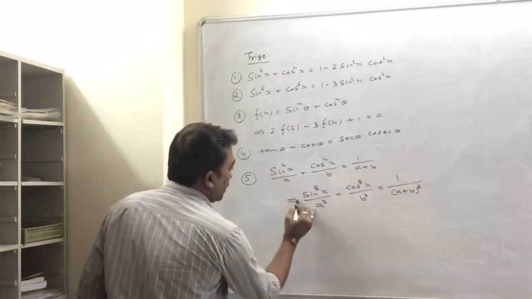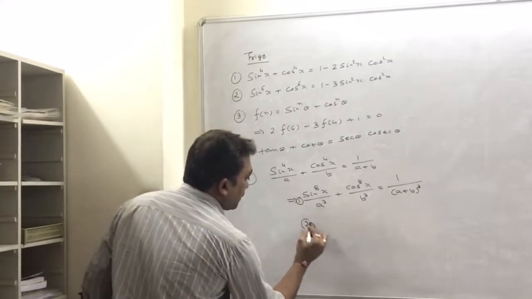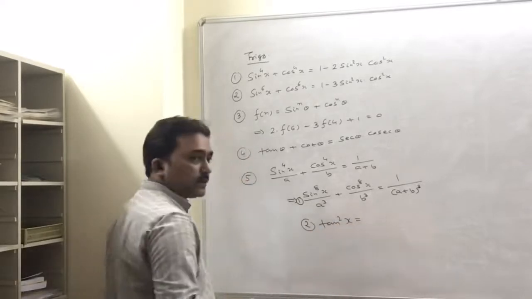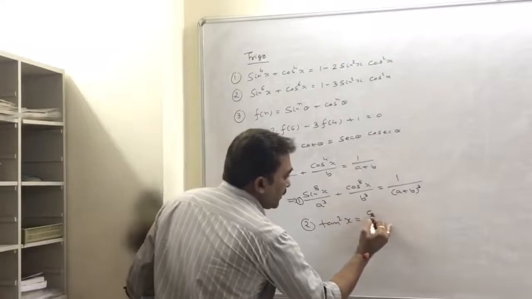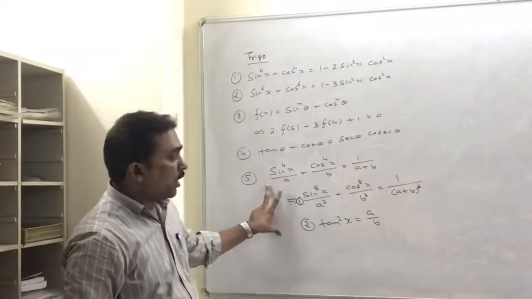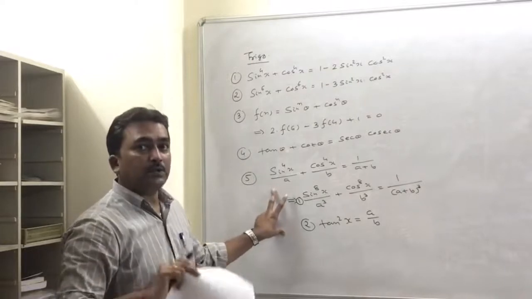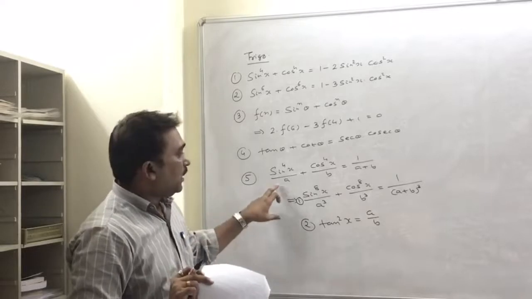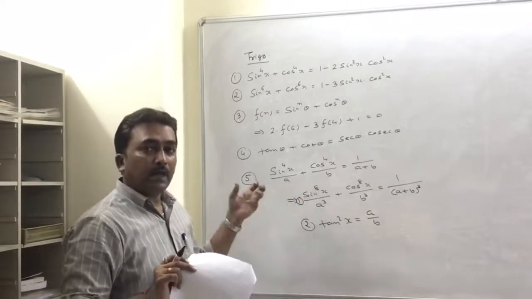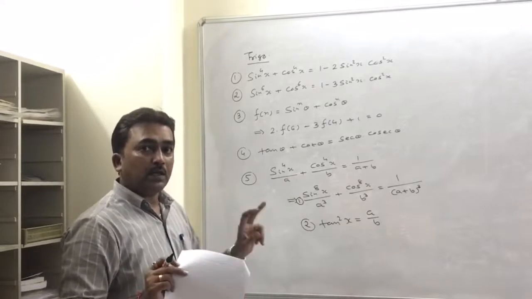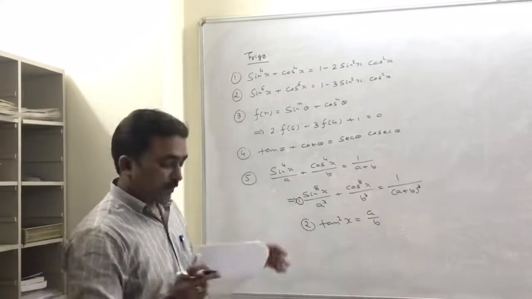And second thing, from this also the question is what is the value of tan square x? So tan square x is a by b. You have to remember this example as a result. Instead of a and b, we can substitute any natural number. Clear? Next.